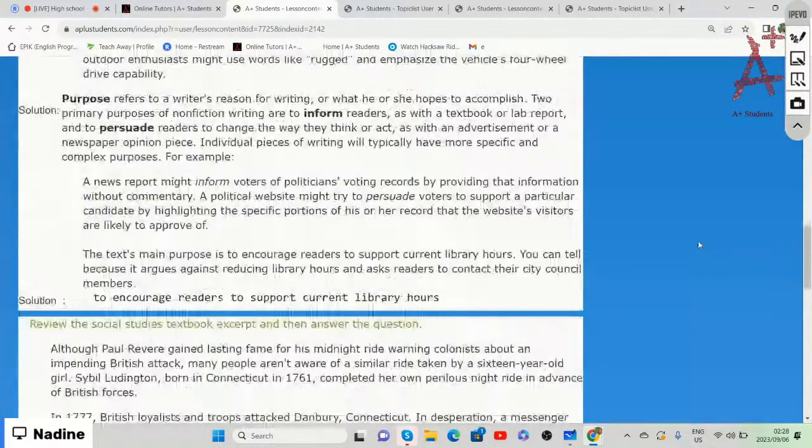So basically, the problem within the text is the fact that the library is being closed. And a lot of students within the community use the library for homework or for whichever research purposes.